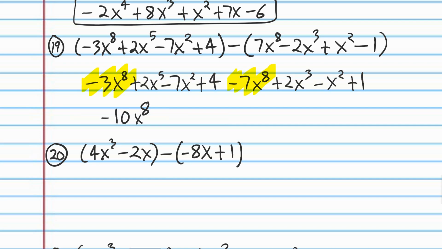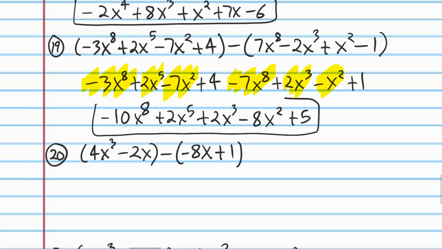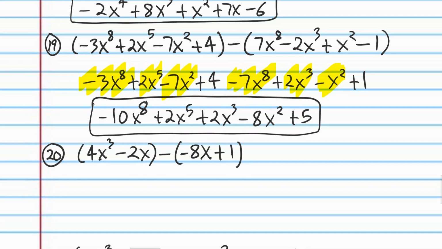Then we have the 5th power. And the 3rd power, also known as the cube term. There's just so many terms to keep track of. You really want to mark them out lightly so you don't confuse yourself. 4 plus 1 is 5. And there you go. If you got that answer, good job.